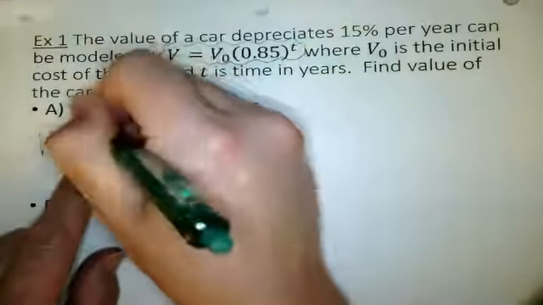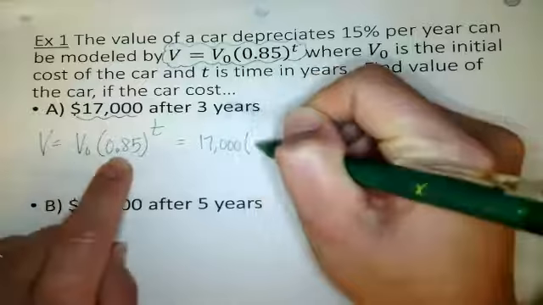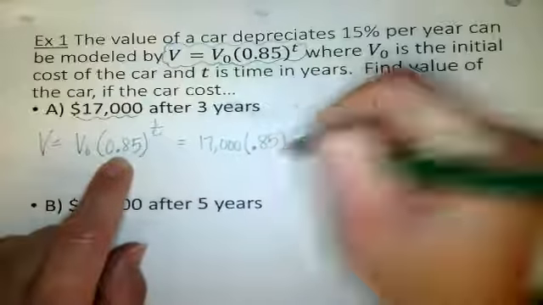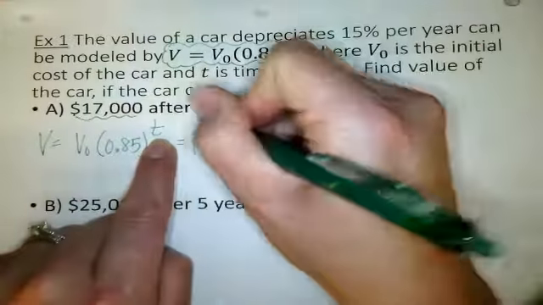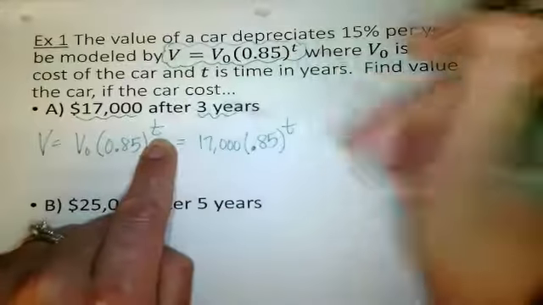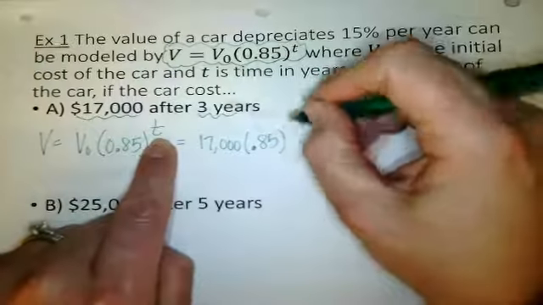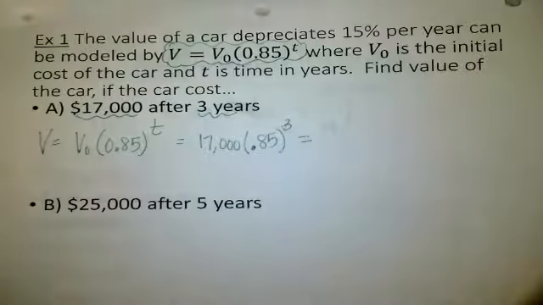Yeah, that is our 17,000. So I'm going to plug in the 17,000 times the 0.85 to the, and what are we going to put in place of T? 3 years. That's the time. T is time in years, and we want to know what's happening at the end of 3 years. So what is the value of the car after 3 years?